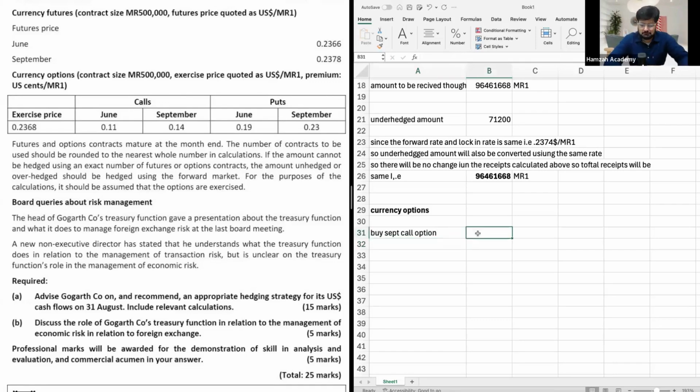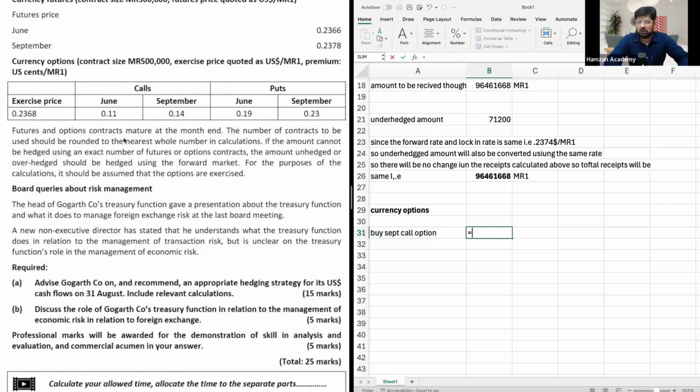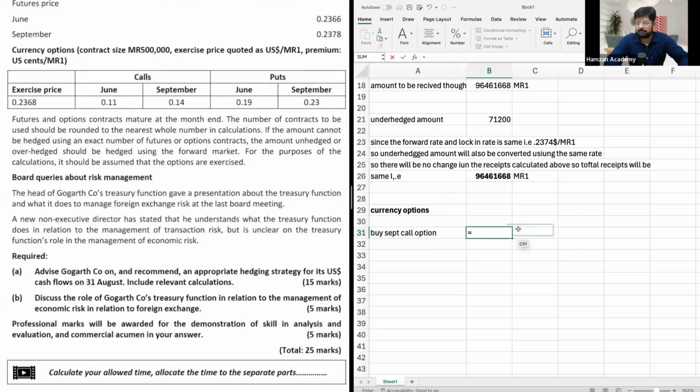Now, to buy September calls, the exercise price is equal to 0.2368 dollar per MR1.